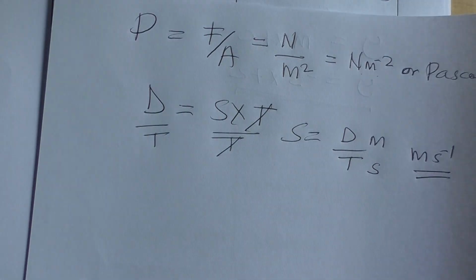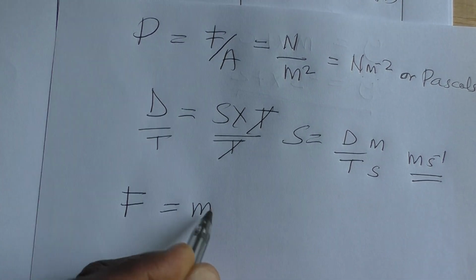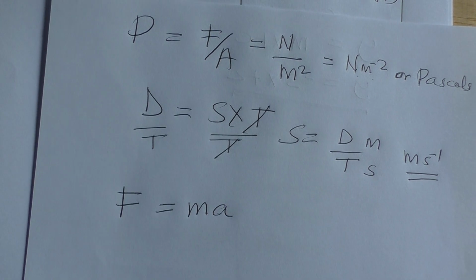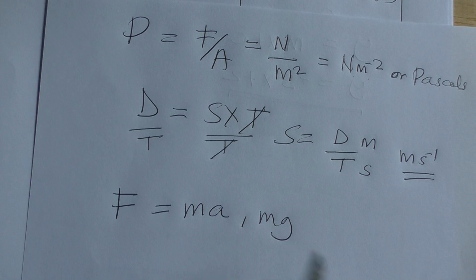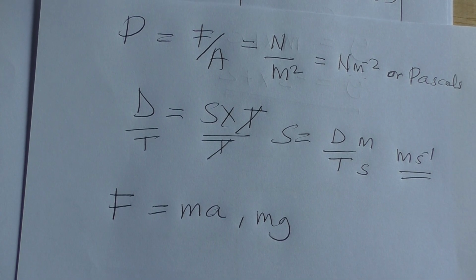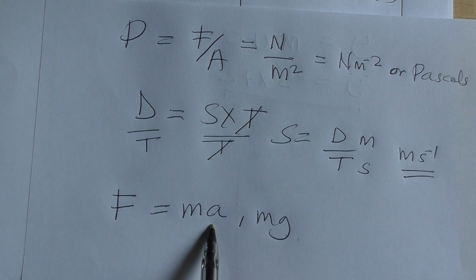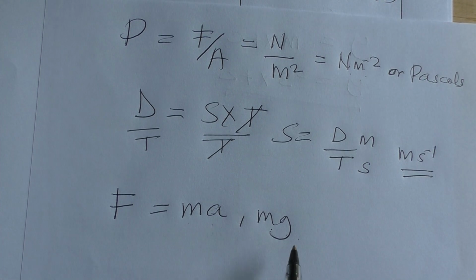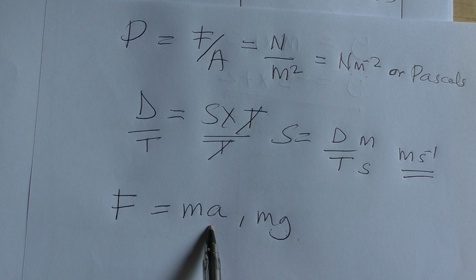Let us look at how we get other units of force, because force equals mass times acceleration due to gravity, or it can also be mass times acceleration. This is for vertical motion, this is for linear motion.